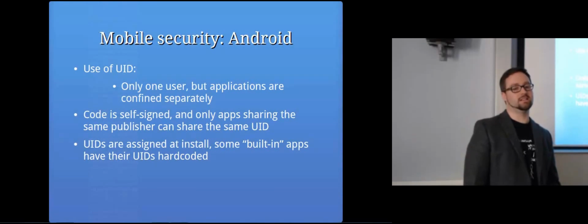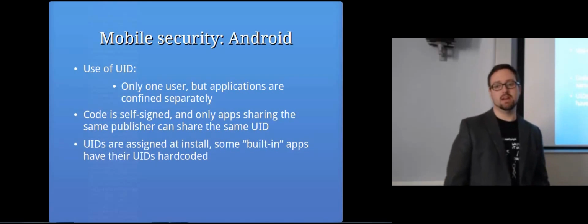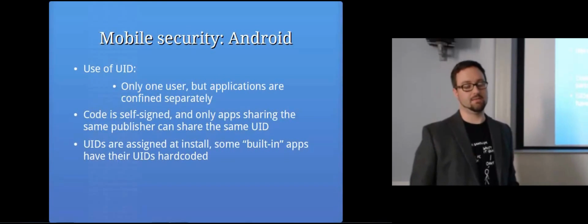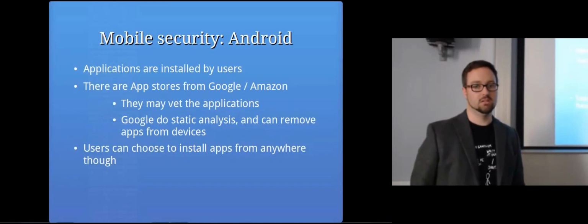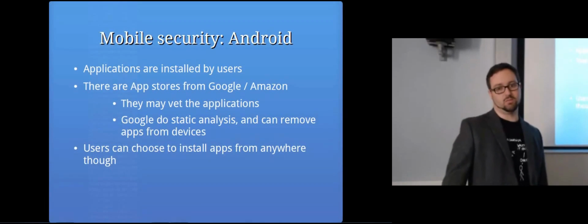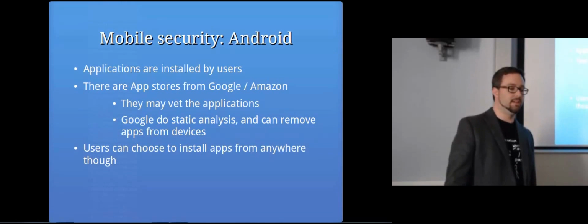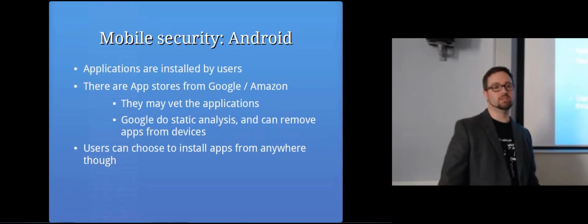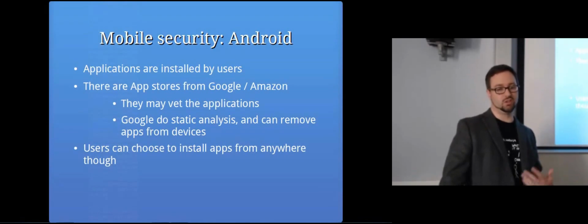So UIDs actually get assigned when you install an application, and there are some built-in applications that have their UIDs hard-coded. So applications are installed by users, and obviously there are app stores from Google or Amazon where they've basically done some vetting for you, some. So Google do some static analysis and can remove applications from devices remotely.